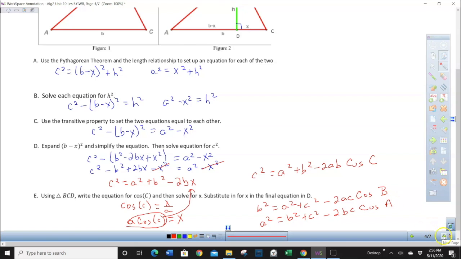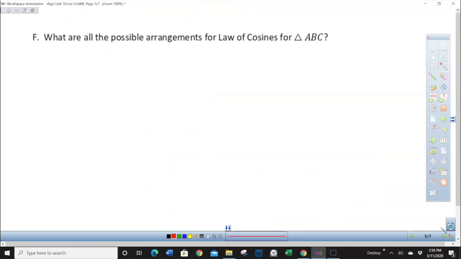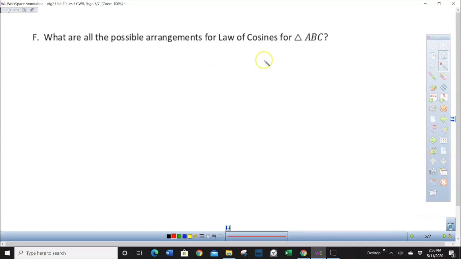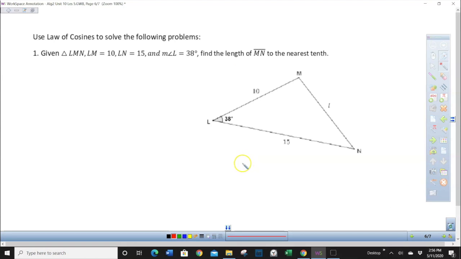Okay, and we just wrote the other two arrangements. So now let's apply that.